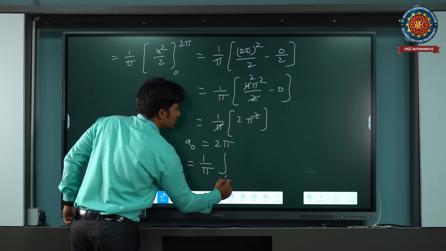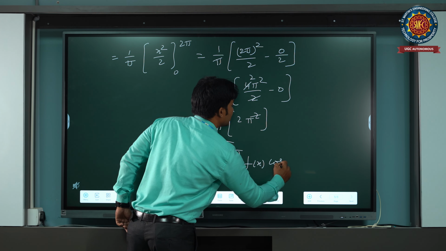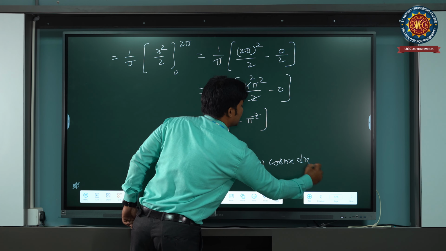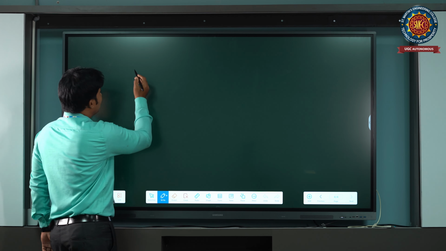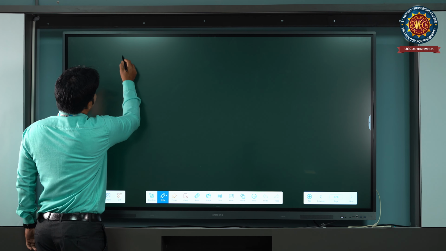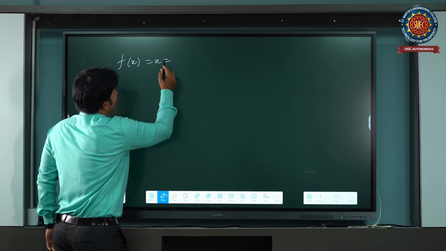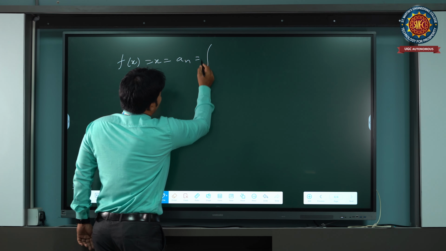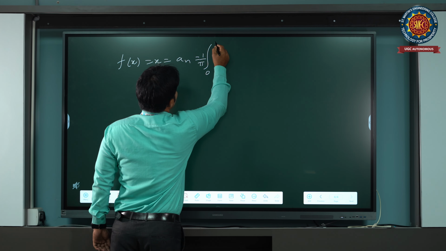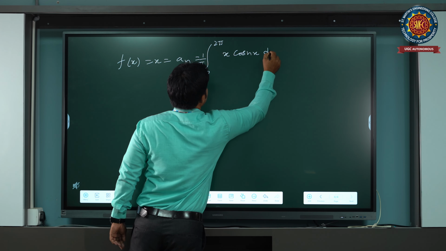an equal to 1 by pi integral 0 to 2 pi f of x cos nx dx. Already given f of x equal to x, so an equal to 1 by pi integral 0 to 2 pi x cos nx dx.